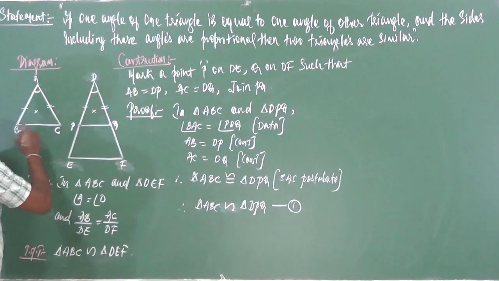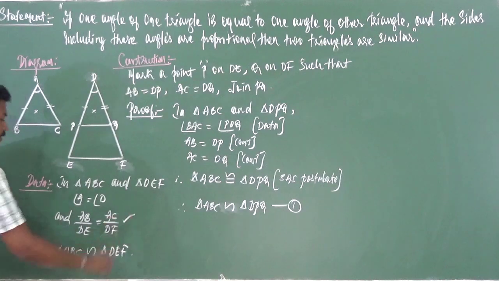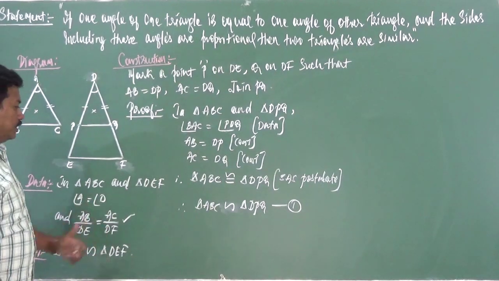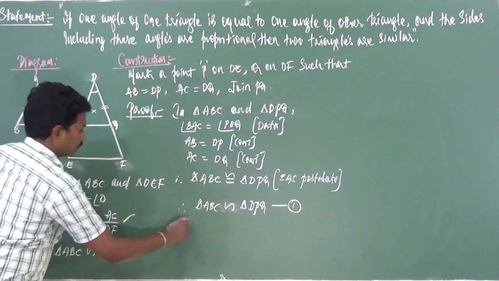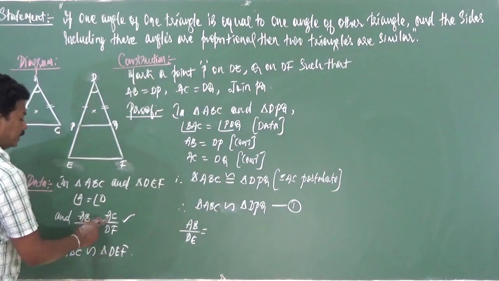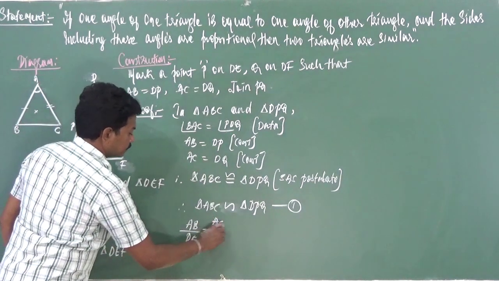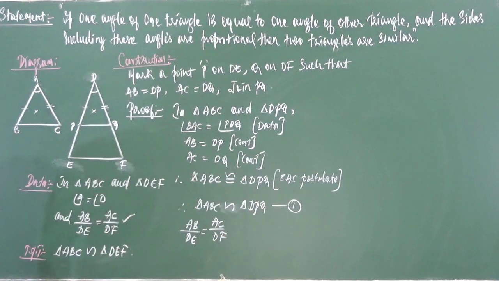So triangle ABC, I have proved that it is similar to triangle DPQ. Now let us take the corresponding sides and continue with this. So now AB by DE is equal to AC by DF.